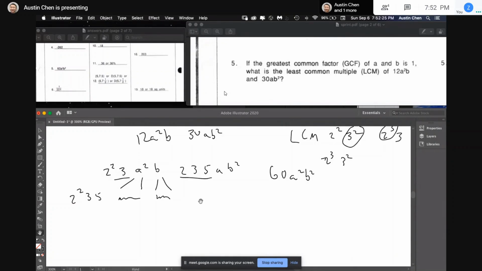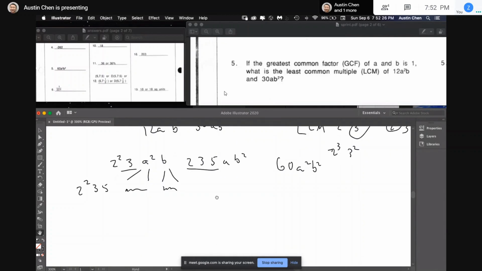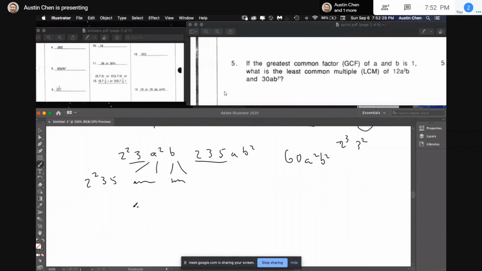Now, if they aren't relatively prime, this is not the case. Let's say A contained a 2 in its prime factorization, then A squared would have 2 squared, right? Now, you shouldn't be counting A squared in your thing, because then you're counting 2 squared from A squared and 2 squared from 60.